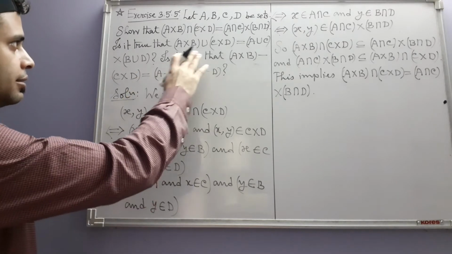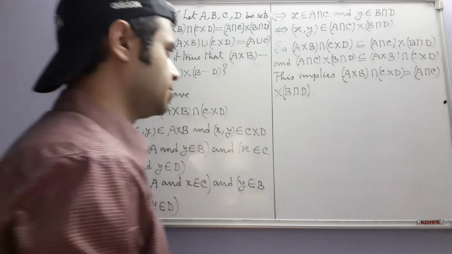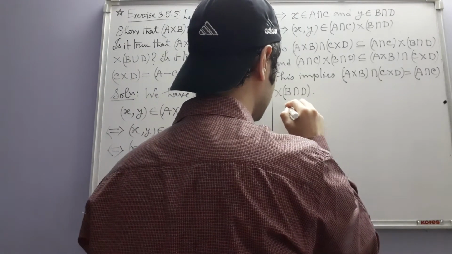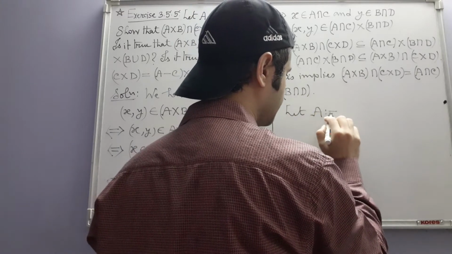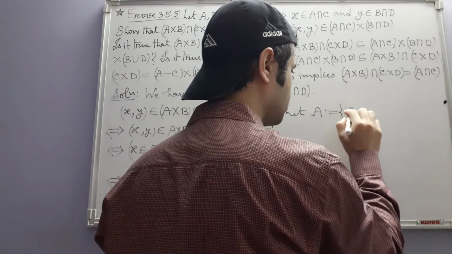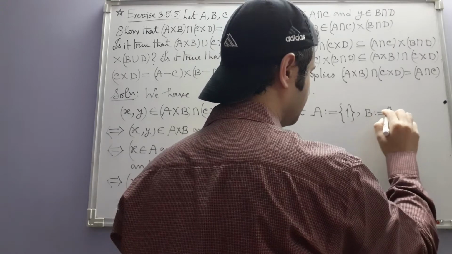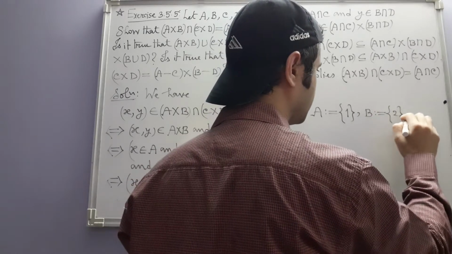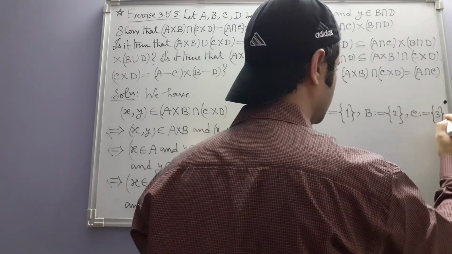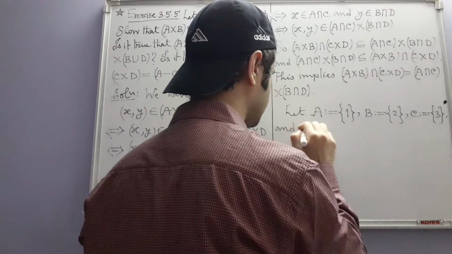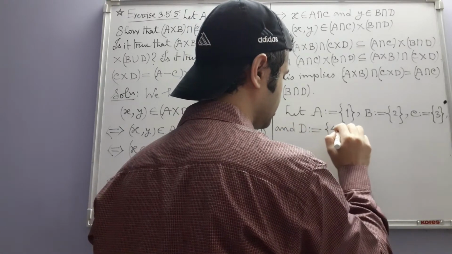Now we see that these two are not true. So for that we have to produce counterexamples. So we take special values of these sets. Let A be the singleton set 1, B be this set, C be this set, and D be 4.